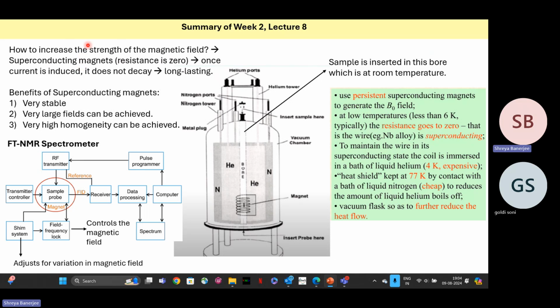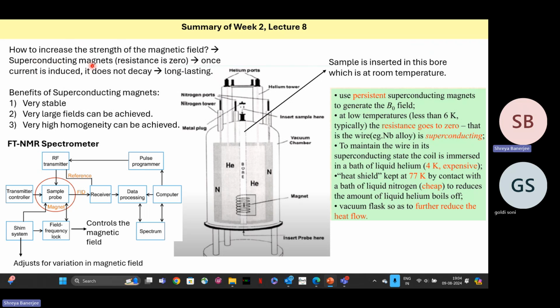So suppose you have a normal magnet. In that magnet, suppose you have an electromagnet, and you are passing a current and a magnetic field is forming. If it is a normal magnet, the current will die out due to resistance and the magnetic field will also become zero. But in superconducting magnets, the current does not die down because resistance is zero, and so the magnetic field is also very long lasting.